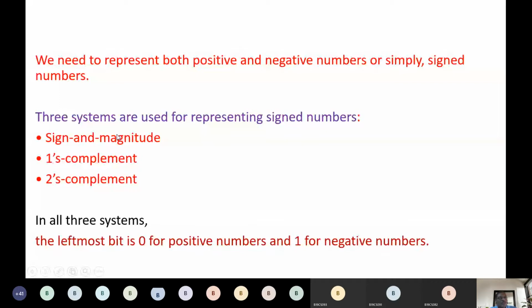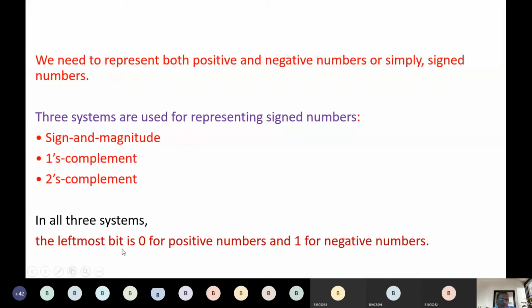And the important thing is, in all three representations, the leftmost bit out of 4 bits, if it is 0, we call it a positive number, and if it is 1, we call it a negative number.